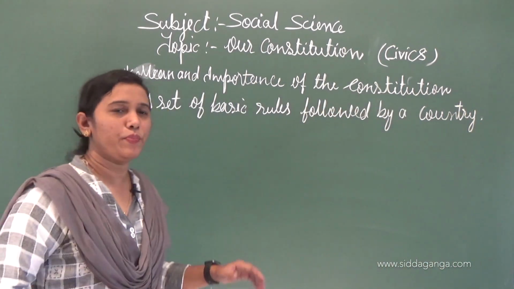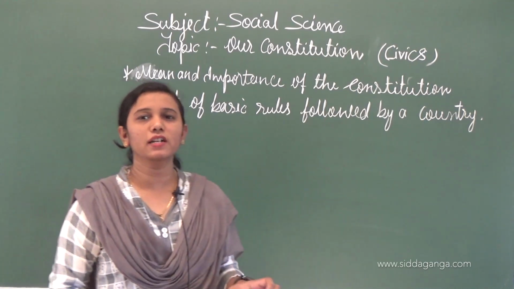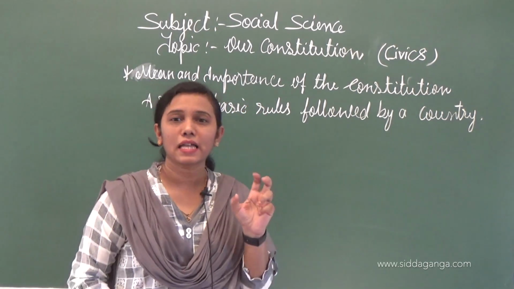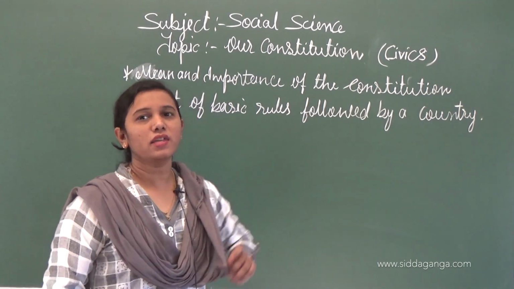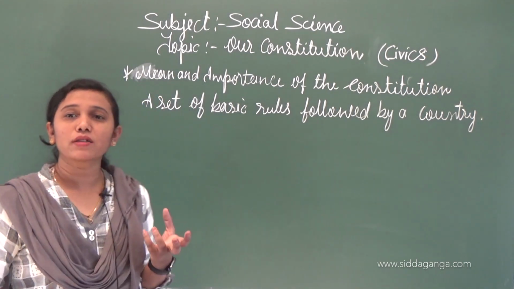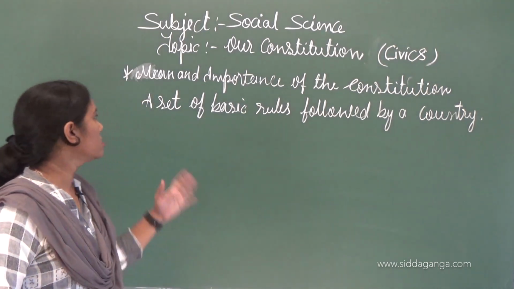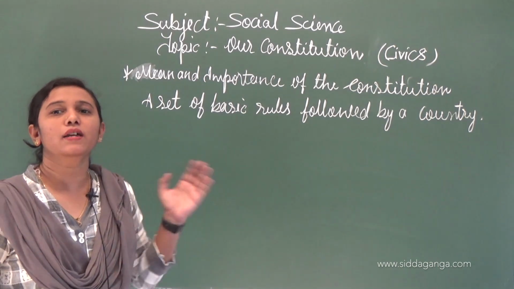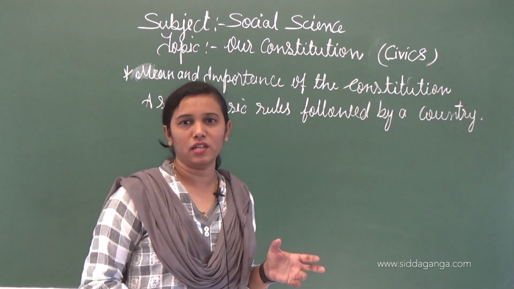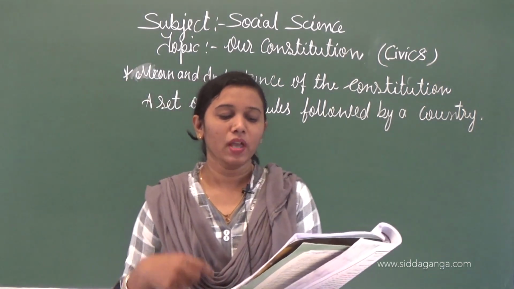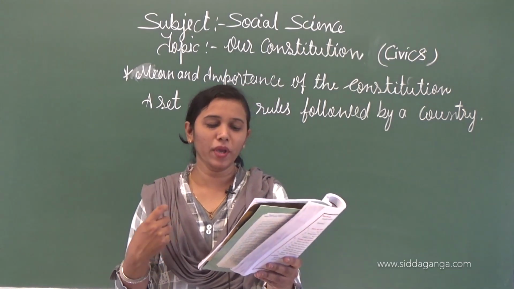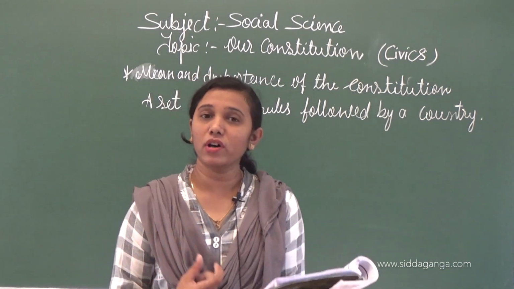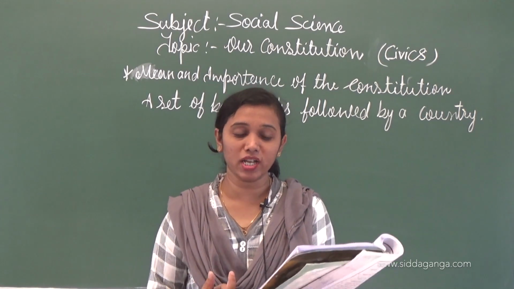Now we discussed the meaning and importance of the constitution. See here, what is the meaning of constitution? It means a set of basic rules which are followed by a country. It is called constitution. It enumerates the organs of the government, its powers and functions.